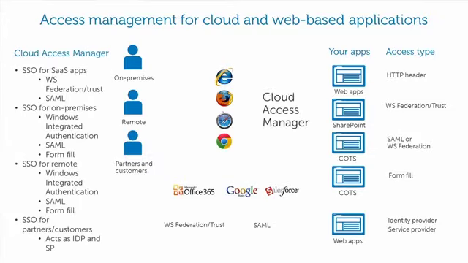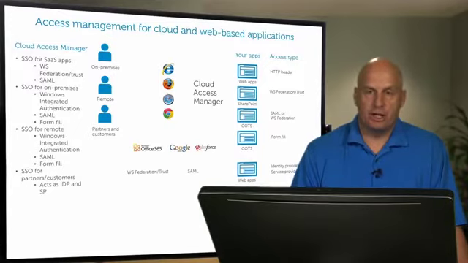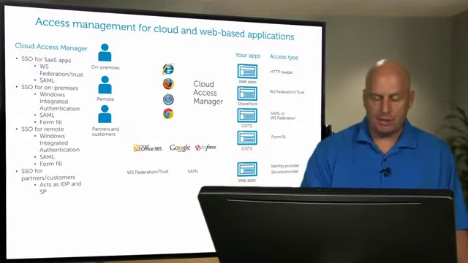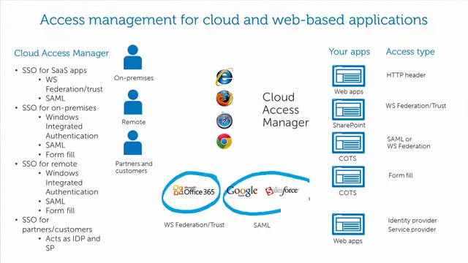Let's clean the slate once more and talk about a great new solution that helps you solve all of these problems. The third option is something from One Identity Solutions called Cloud Access Manager. It provides single sign-on for SaaS apps such as Office 365, Google Apps, Salesforce, regardless of how they authenticate, whether they use SAML, whether they use WS Federation or Trust. So that allows your on-premise employees single sign-on to either of those.